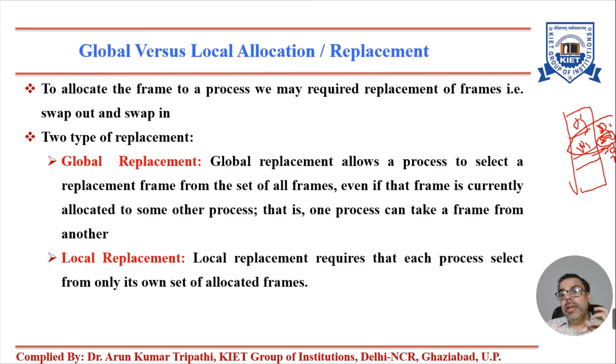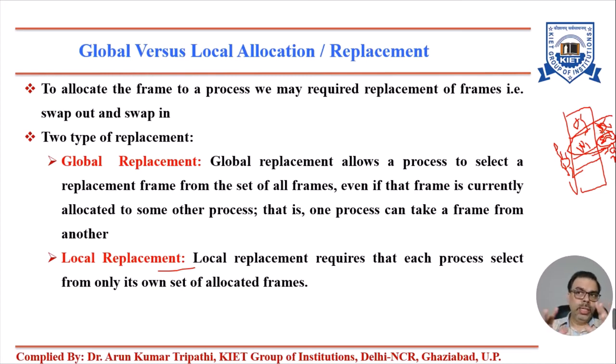Still, if the editor part is being used by another process P2, it will replace the entire part, data as well as editor part. While in case of local replacement, it will replace only the data part of process 1, while the editor will remain, because it is used by another process P2.